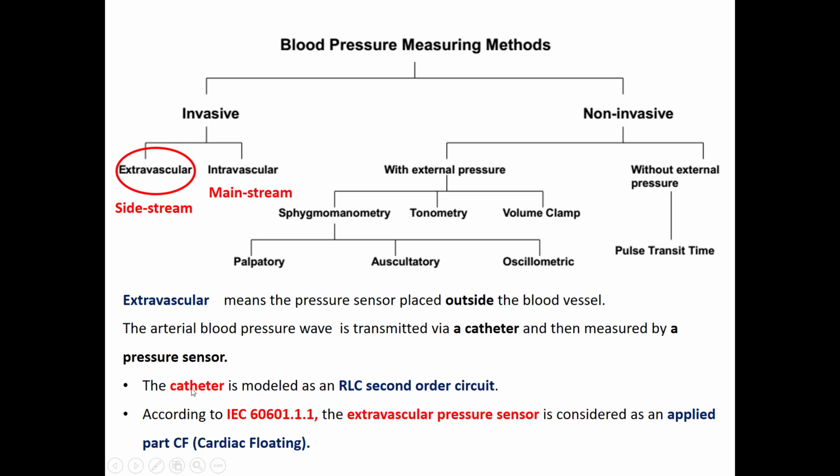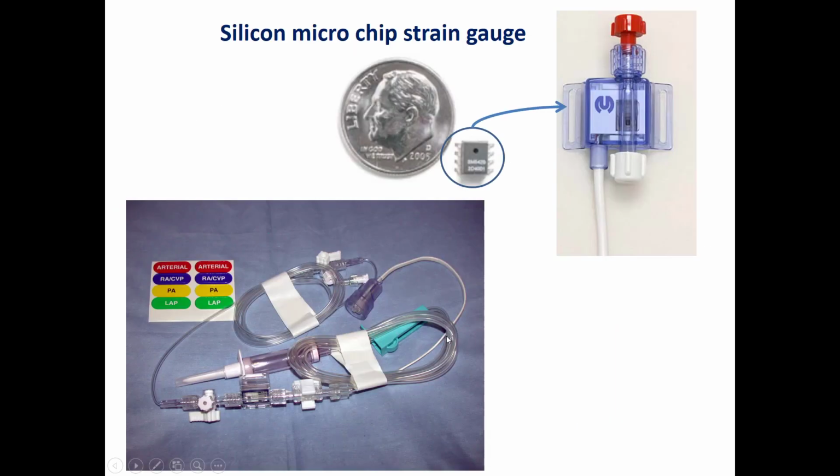The extravascular invasive blood pressure sensor is considered, according to the IEC, International Electrotechnical Commission, as an applied part CF, which means cardiac floating. This is the set which is used in the measurement of the extravascular invasive blood pressure.